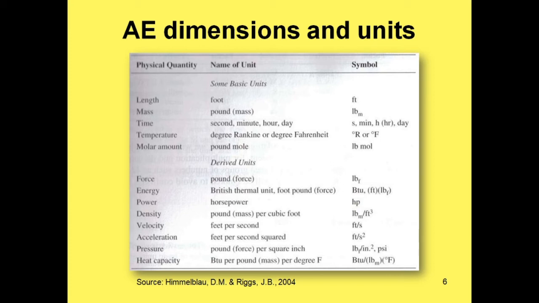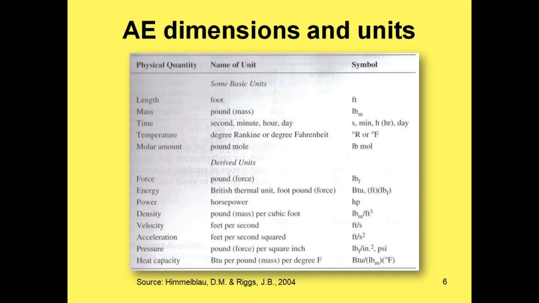Derived units. Force, pound force, lbf. Energy, British thermal unit, that is BTU, or foot pound force. Power, horsepower, HP. Density, pound mass per cubic foot or foot cube. Velocity, foot per second.